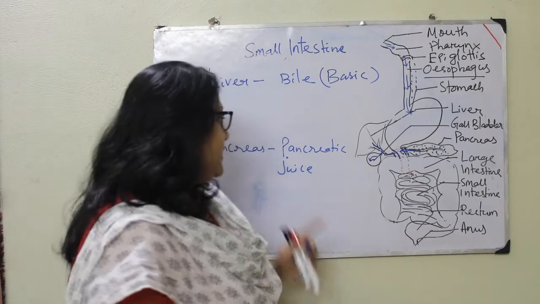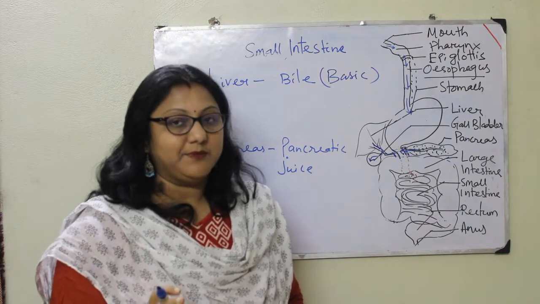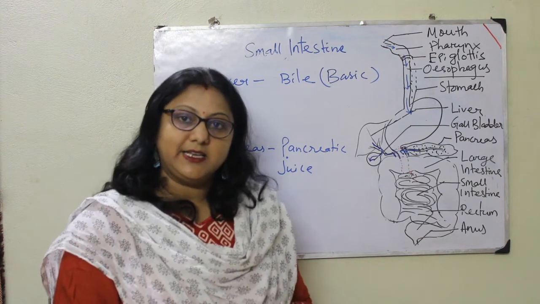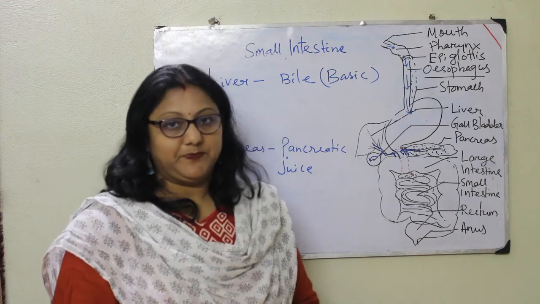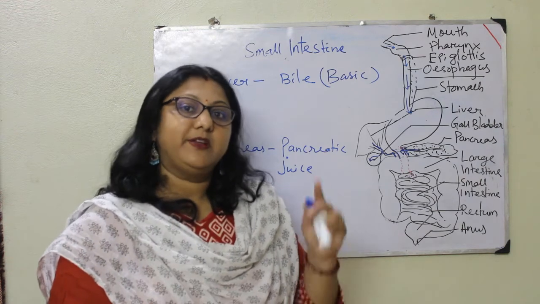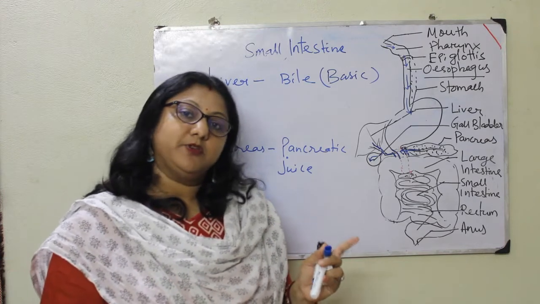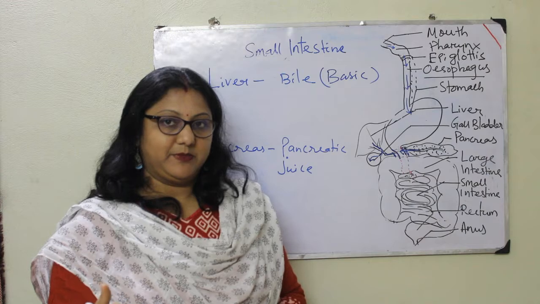Clear? The pancreatic juice contains enzymes for the digestion of carbohydrate, protein and fat, and those enzymes need a basic medium. You must remember that when we discussed gastric juice, we discussed pepsin, which needs an acidic medium.